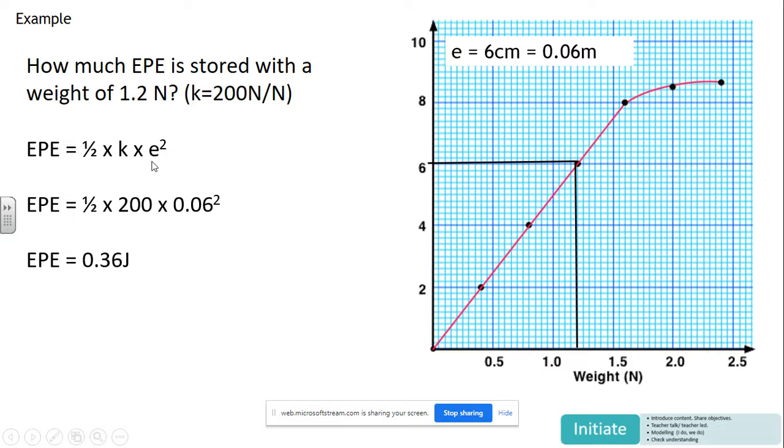We write our formula down and put our numbers in. Notice that's 200 and 0.06 squared, and then we calculate our answer. Our answer will be in joules. We could use newton meters, but joules is better. Simple, simple, simple.